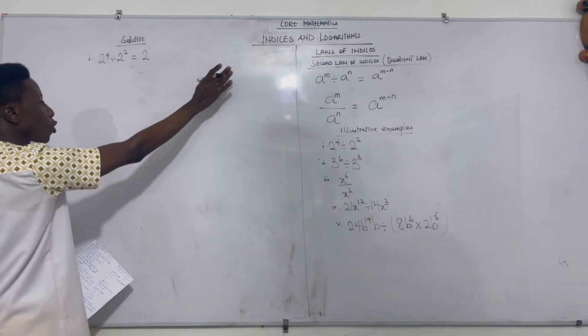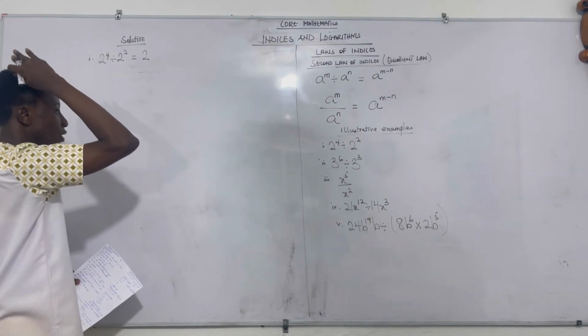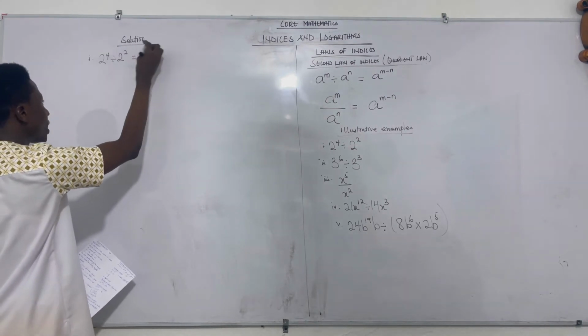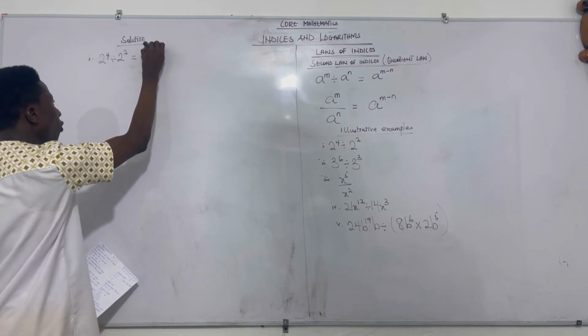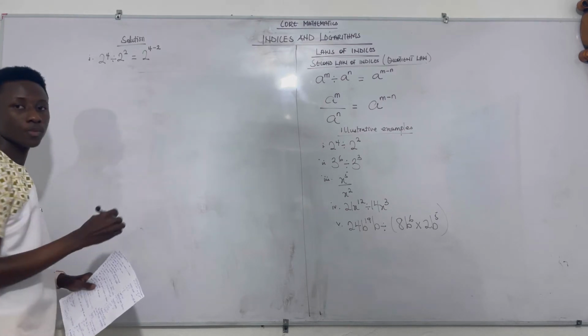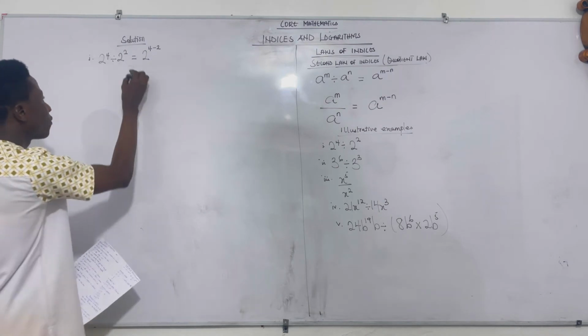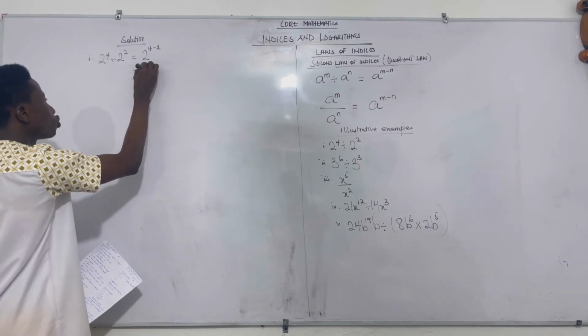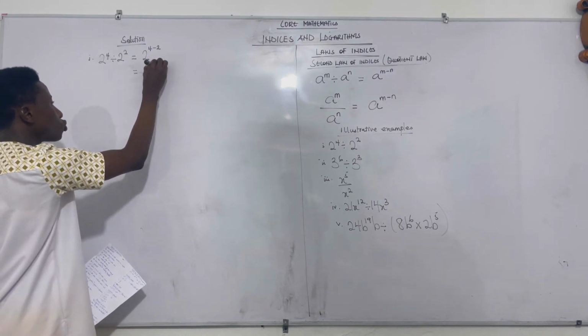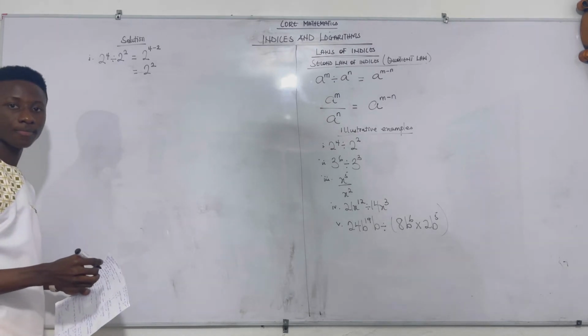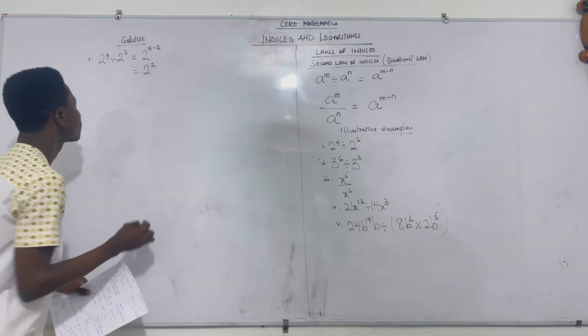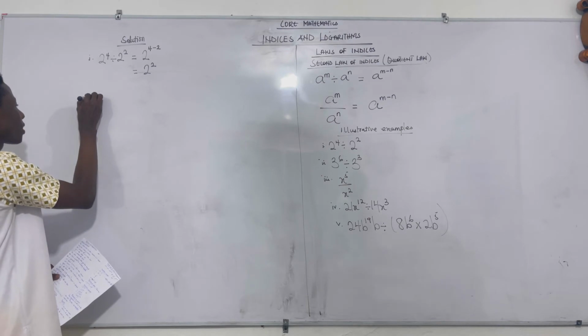The quotient law says, quotient is about division, that you subtract the powers. So you would have 4 minus 2. So at the end of the day, you would have 2 exponent 2 as a result. Okay, let's check the second part of it.